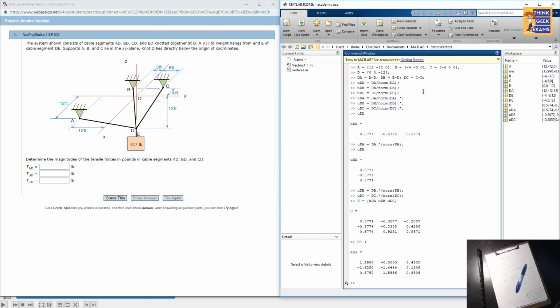So now we can make the weight vector. The weight vector is 917 times 0, 0, minus 1.